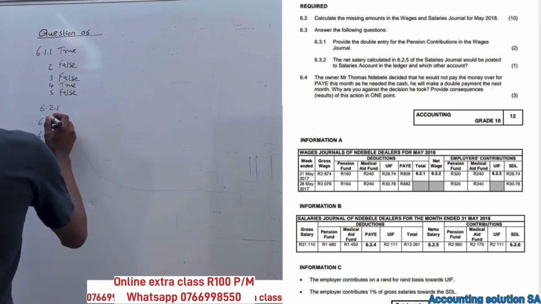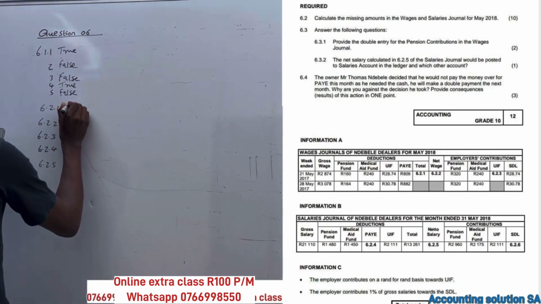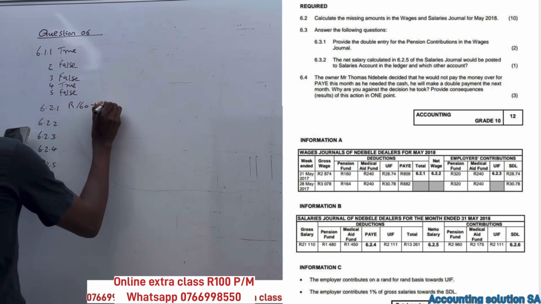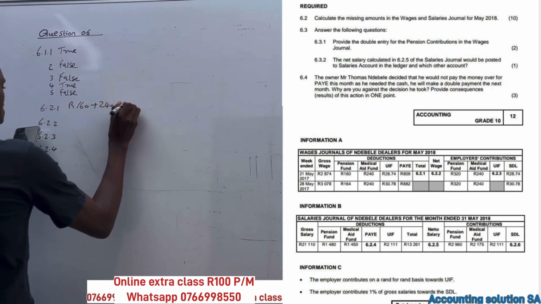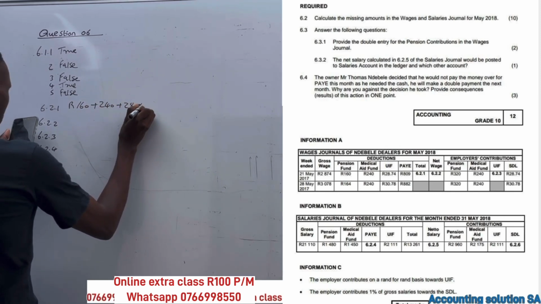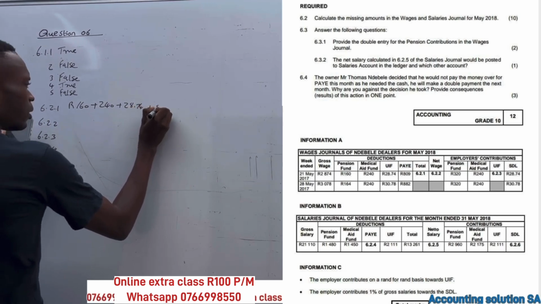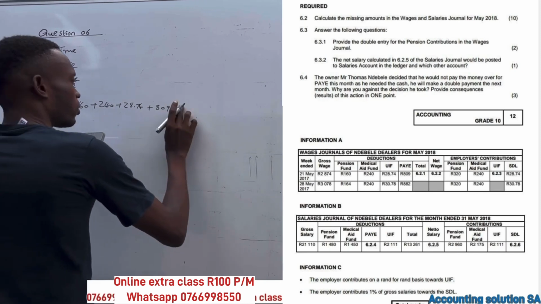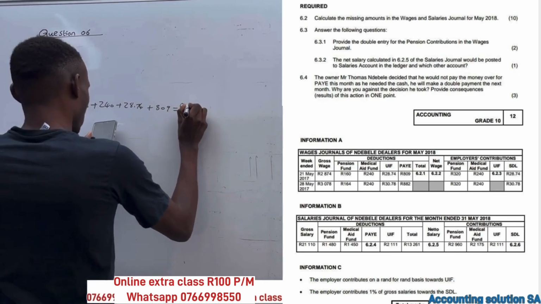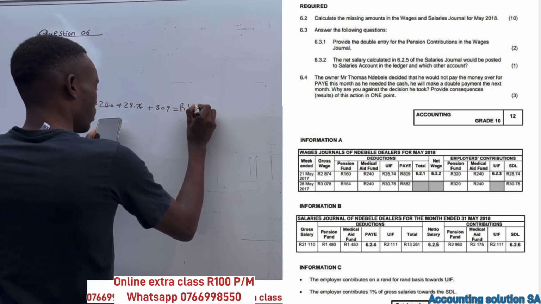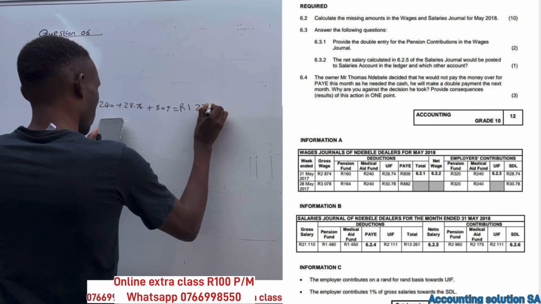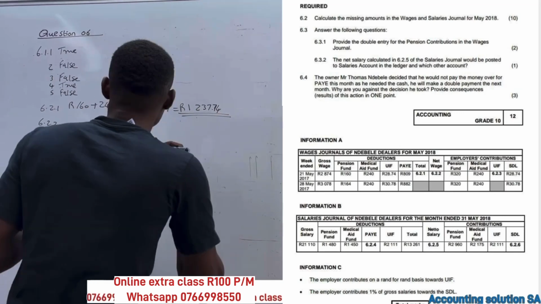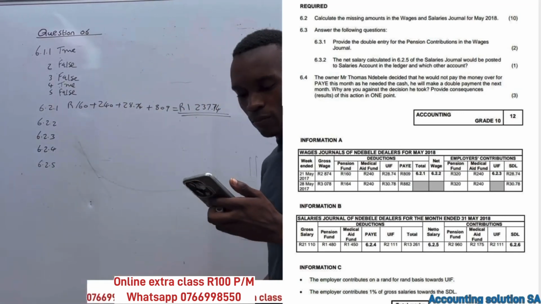We are going to add the amounts of 160 and 240 and 28 rand 74, as well as 809. If you calculate this, guys, you are going to get an amount of 1,237.74. That's the answer for 6.2.1.